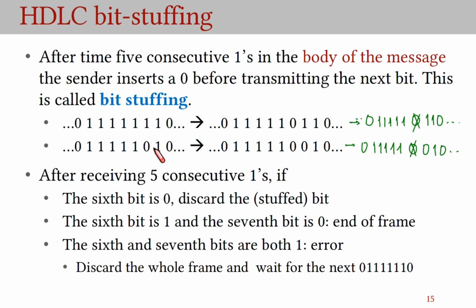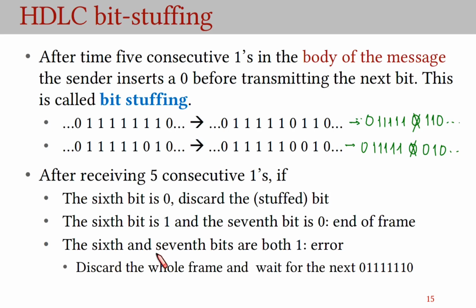But the receiver also has to deal with the fact that it may receive a flag, right, somewhere. So at the end of the frame, it's going to receive that flag that has 0 followed by 6 ones followed by a 0. And therefore, if the 6th bit is 1 after 5 consecutive ones, and the 7th bit is 0, then it will treat that as the end of frame flag.